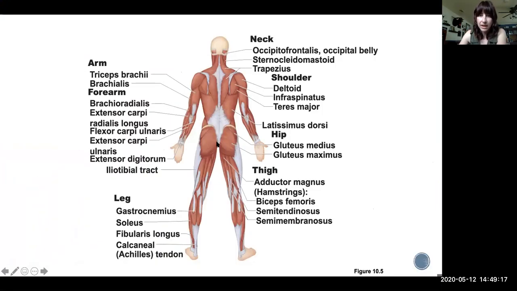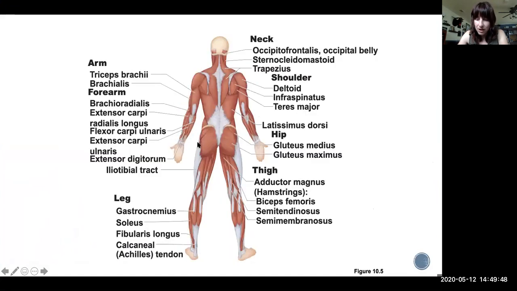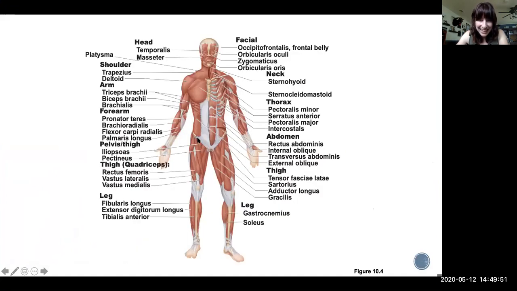So let's get back to an anterior view on our buddy here and start up here at the hip joint, at this junction, right? You can see the iliac crest poking through here. So the pelvis is underneath all these muscles, right? You can see the iliac crest poking through on the side, and the pubic symphysis poking through on the anterior side as well. So you've got some muscles that live beneath some of these muscles of the abdomen.